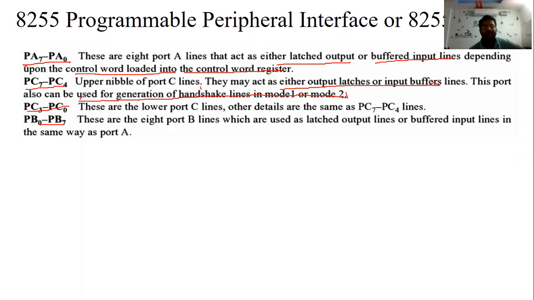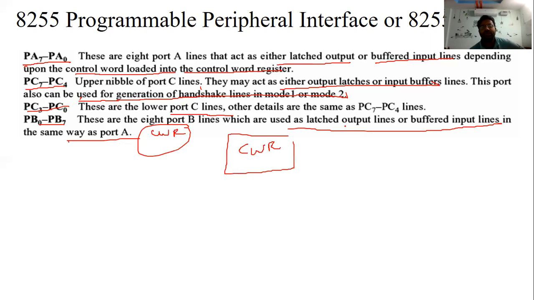We have timing diagrams for the handshaking signals in mode 1 and mode 2, which you will see later. Again, port C will work as an input port as well as an output port, and at the same time as handshaking signals in mode 1 and mode 2. Then port B, PB0 to PB7, works as an input port as well as an output port. This depends upon the CWR, the control word register.